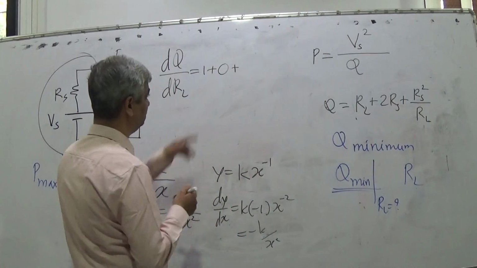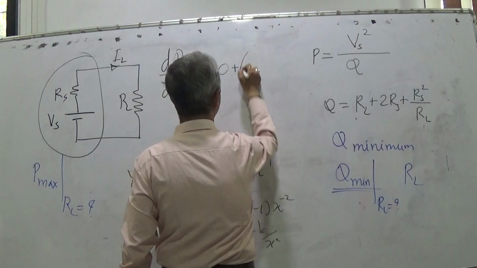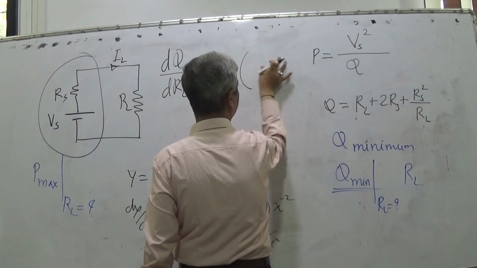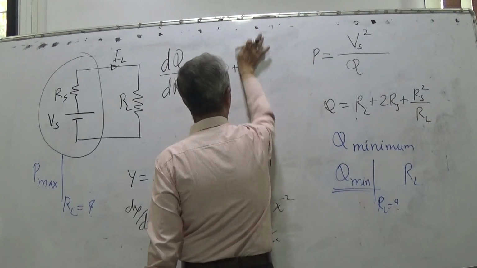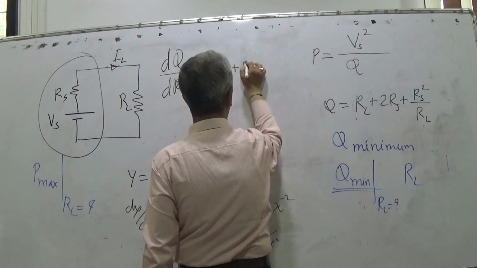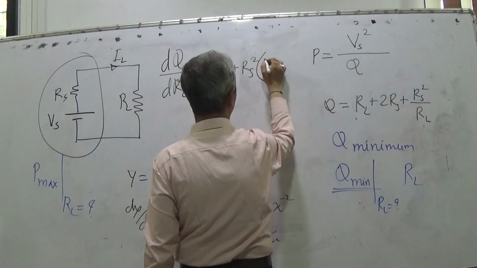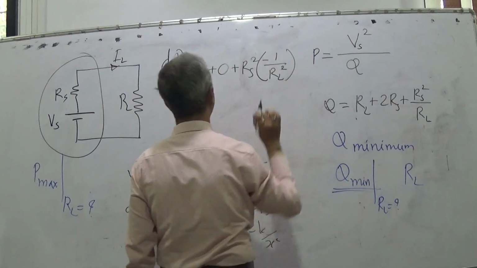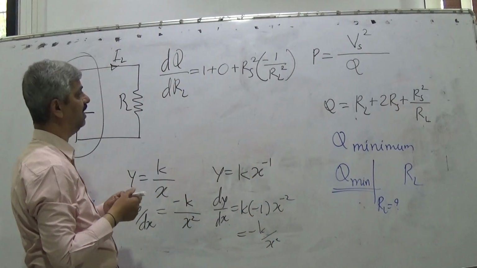So here this term is, as RS square is constant, RS square into minus 1 upon RL square, minus RS square upon RL square.